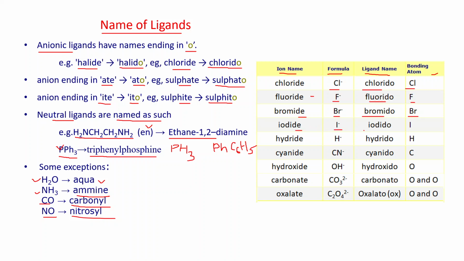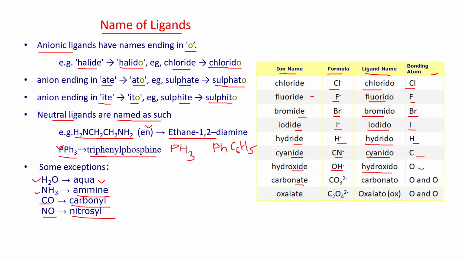Iodide I minus, iodido, bonding atom is I. Hydride H minus, as a ligand it is named hydrido, bonding atom is hydrogen. Cyanide CN minus, cyanido, bonding atom is carbon. Hydroxide OH minus, as a ligand it is named hydroxido, bonding atom is oxygen.